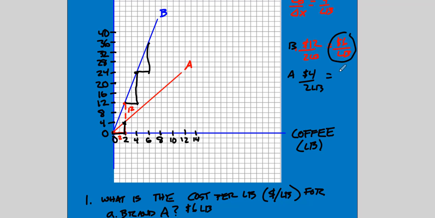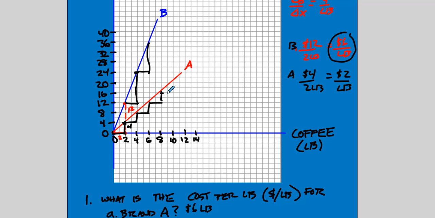So that unit rate, which is the amount per unit, well, the unit here is pounds, so it is $2 per pound. For every 2 over, we're going 4 up, because my units are going up by 4 here, so every tick mark here is actually $2. And that is the slope.